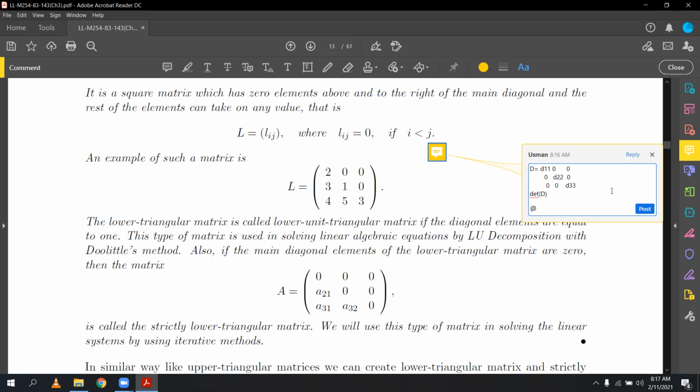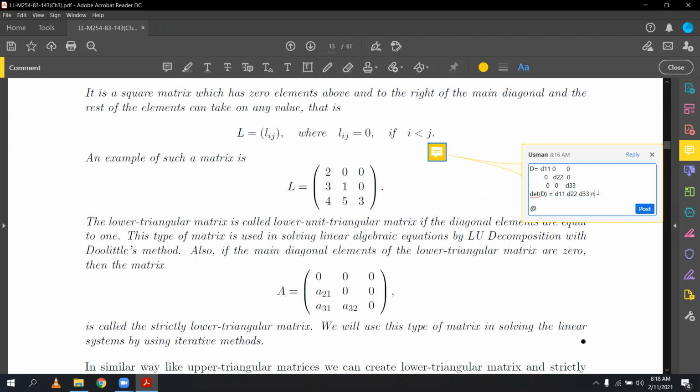This is the formula, you have to remember it, please. The determinant of D is always D11 multiplied by D22 multiplied by D33. If all your diagonal elements are not equal to 0, what does this mean?